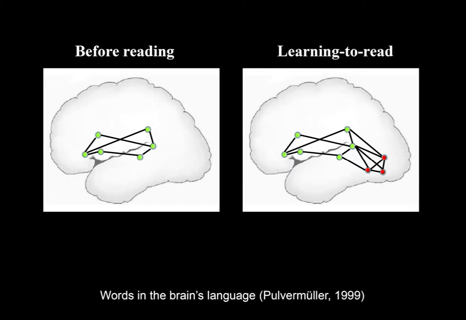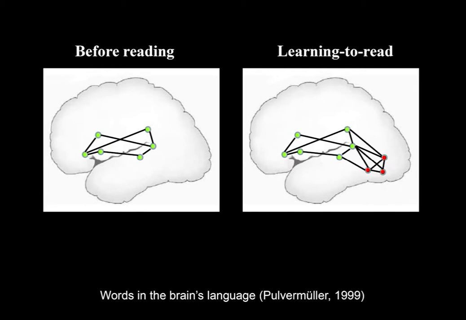It just adds a new pathway, a new interface, a visual orthographic interface to this spoken language system. This is trivial in a way, but it's fundamental in understanding what reading is. Reading is finding a new pathway, a new visual orthographic interface to a very rich and already in place spoken language system.